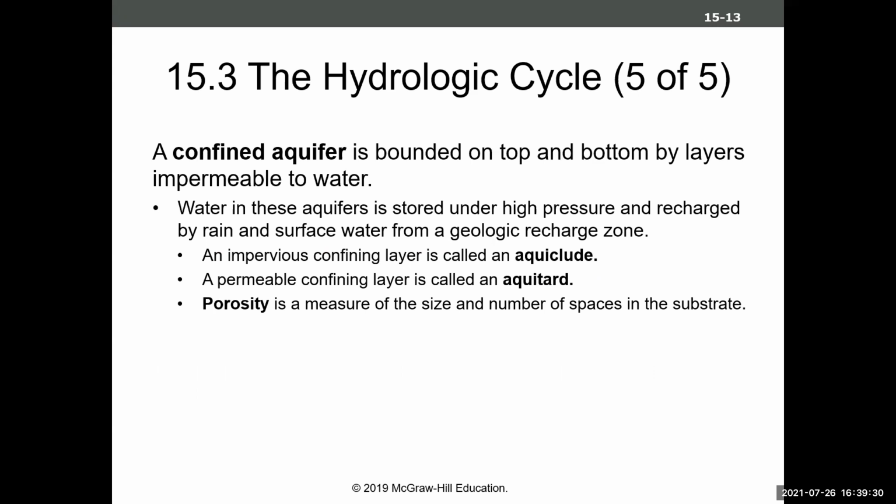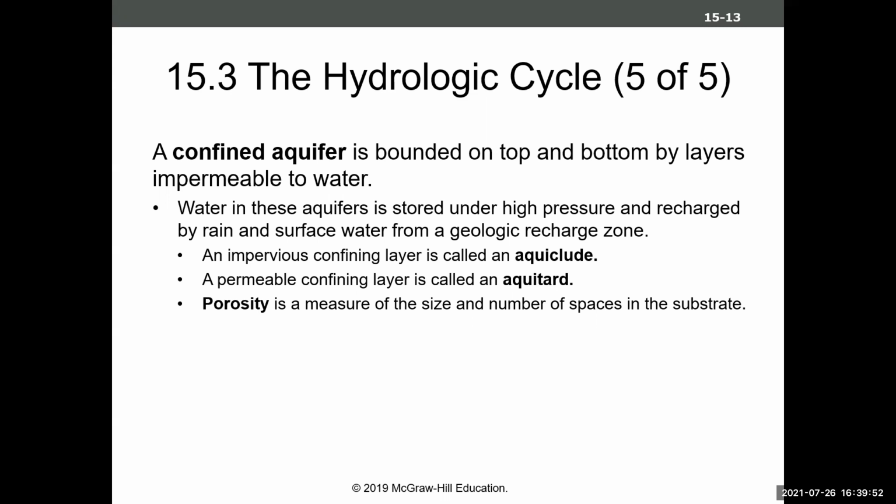Now, a confined aquifer is an aquifer that's underground and has a top layer that's impermeable to water and a bottom layer that's impermeable to water. So basically, the top and the bottom layer keep that aquifer in place. Water can't move above or below it.